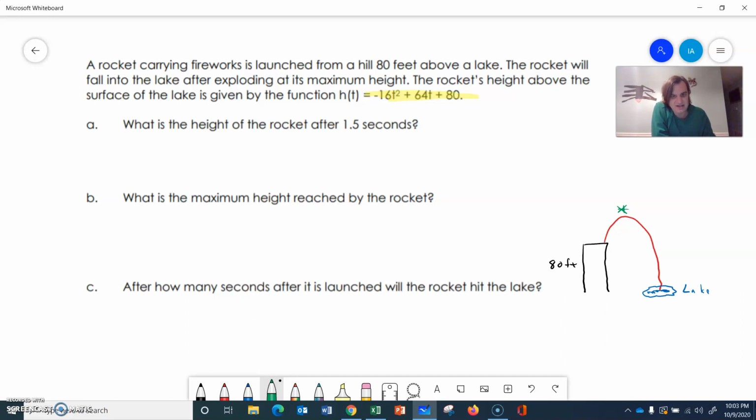What is the height of the rocket after 1.5 seconds? Well, they tell us that h of t calculates the height. So all we have to do is plug this 1.5 into our function. Now we might need a calculator, but that's negative 16 times 1.5 squared plus 64 times 1.5 plus the 80 feet building that we started it on.